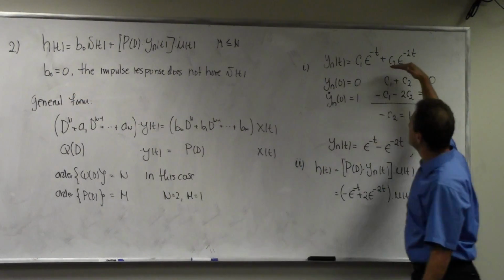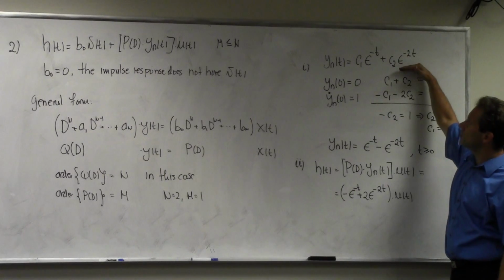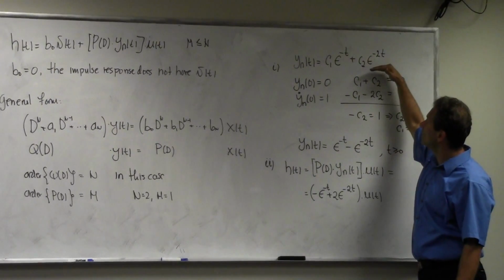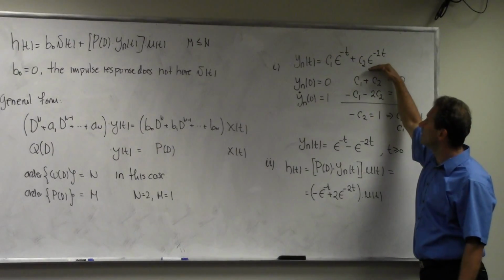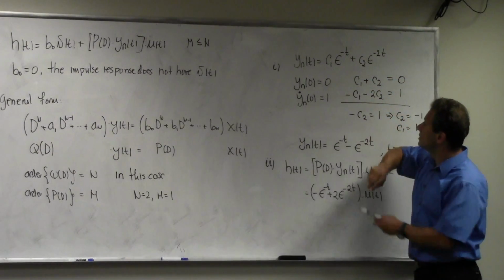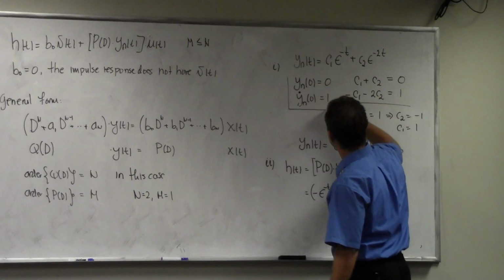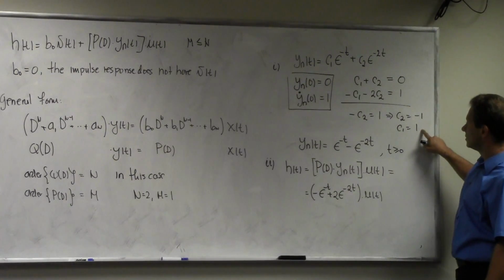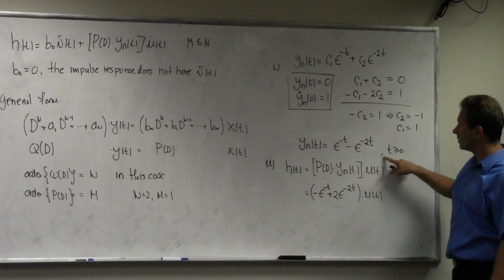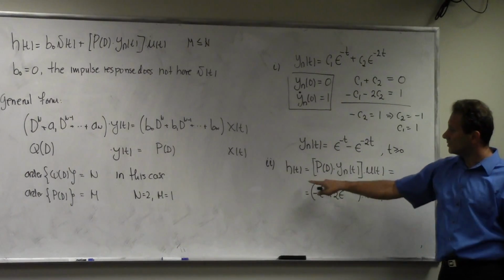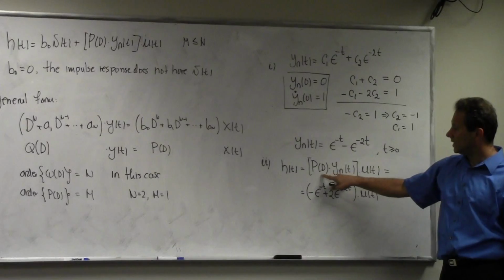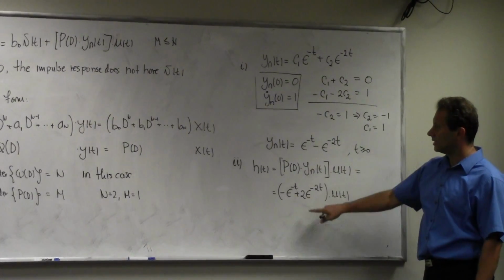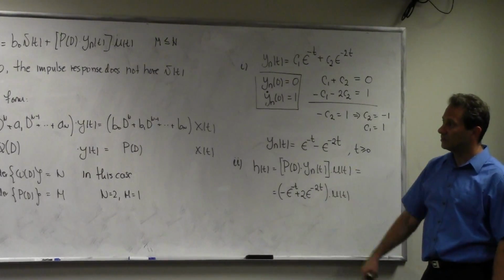You say, okay, in that case, the impulse response of the companion system has the same form as a zero input response of the system itself. I have these initial conditions, which are always the same. Then I use them to solve for the constants, and this is the impulse response of the companion system. The impulse response of the system itself I get by applying p of d on the impulse response of the companion system. So I get h of t. And that's the end of step 2.